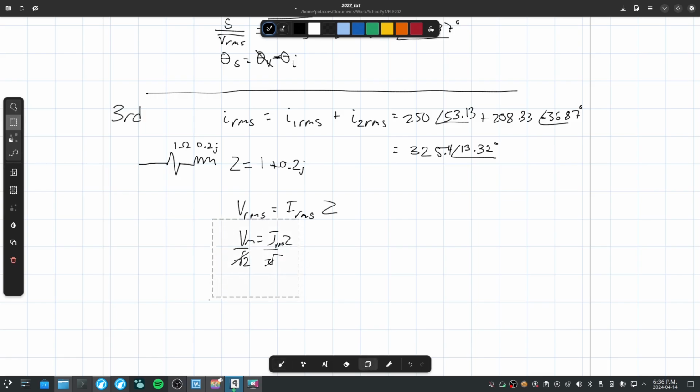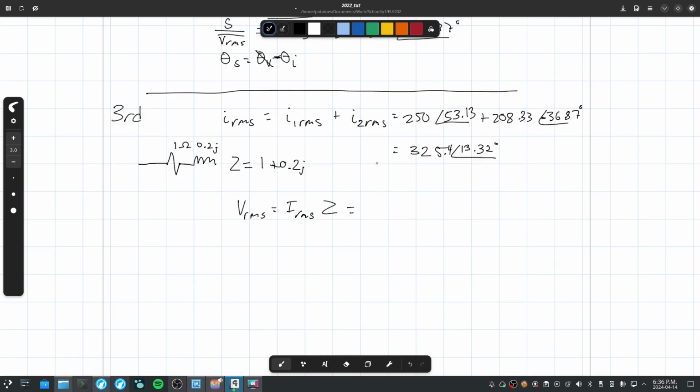You get V RMS is equal to I RMS times Z. So we know impedance, we know current, so we could find the voltage. And the voltage here is going to be 325.4 with a phasor of 13.32 times the impedance, 1 plus 0.2 J.